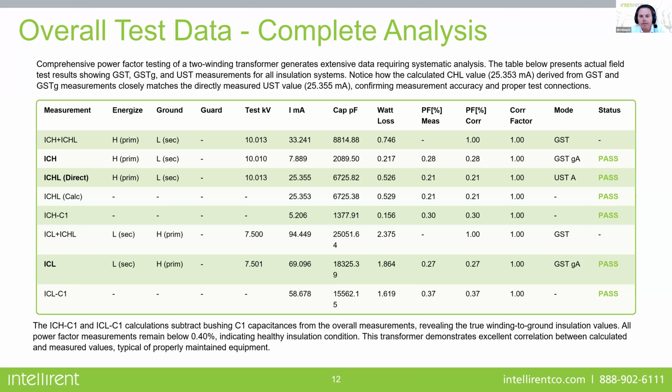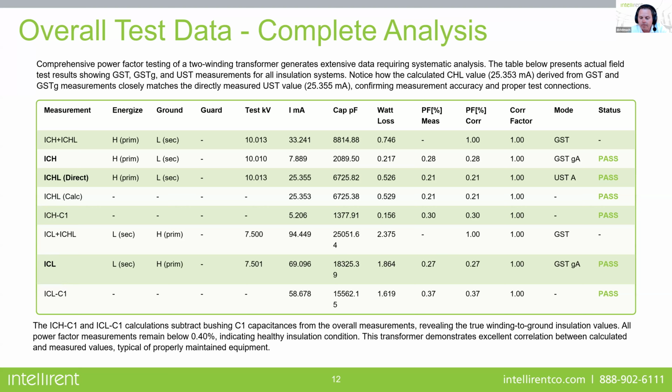And with your power factor, instead of having a generator where you want to generate power and send it to the customer, basically 100% real power, for insulation we want to stop all the real power and have it very, very low.